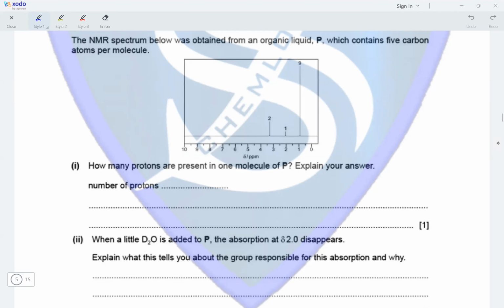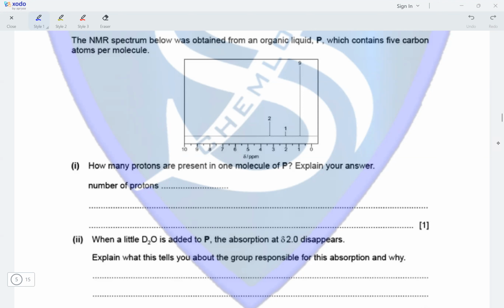the NMR spectrum below was obtained from an organic liquid P which contains 5 carbon atoms per molecule. Okay, so we've got 3 environments. The first environment is below 1 ppm, and it has got 9 hydrogen atoms in a single environment, and it is a singlet peak.